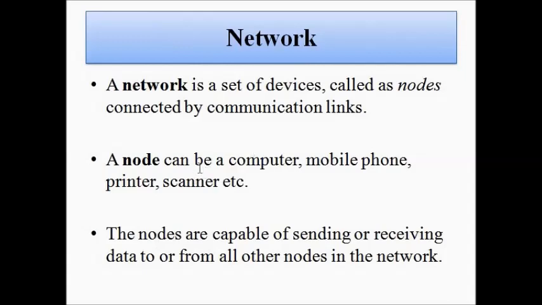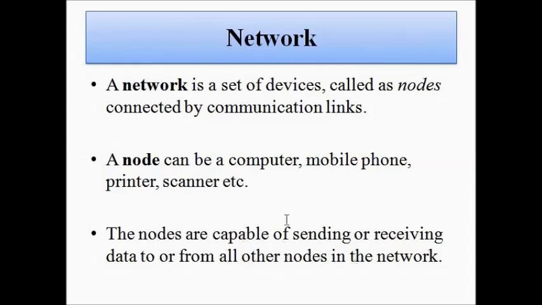As I said, the node can be a computer, mobile phone, printer, scanner, any other hardware device which is capable of sending or receiving data. The nodes are capable of sending or receiving data to all other nodes in the network. The data can be text, image, audio, video, numbers, the various forms of data which we just discussed earlier.